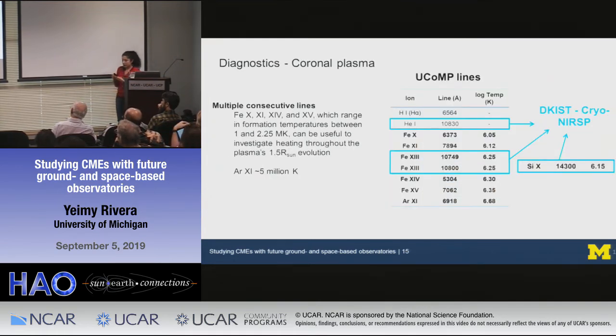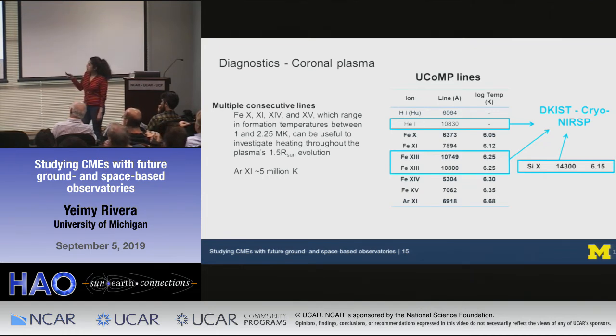For the coronal plasma, there are several consecutive lines of iron that might be useful for looking either at the evolution of hotter plasma or the heating itself. The lines range in formation temperature between 1 and just over 2 megakelvin.